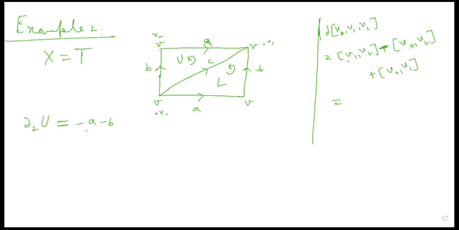And v naught, v2 is in the direction of B, so I have written minus B, minus v naught, v2, and v naught, v1 is in the direction of C. So we have to choose some representative.